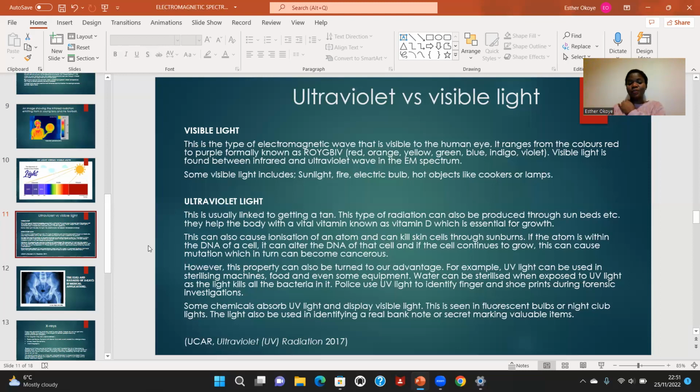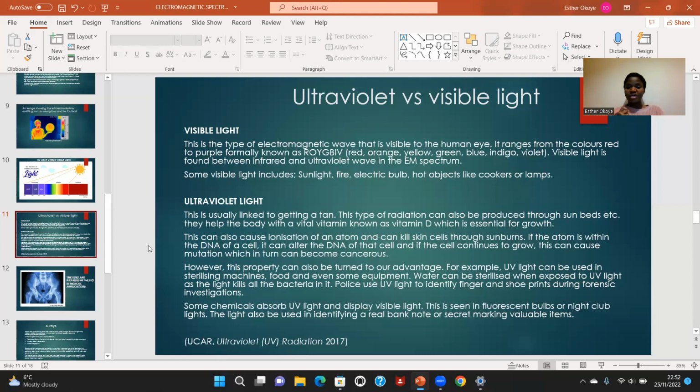Ultraviolet light is usually linked to getting a tan. This type of radiation can be used to produce an essential vitamin called vitamin D, which is essential for growth. It's essential for the cells needed to replace themselves, or to divide and all those good things.